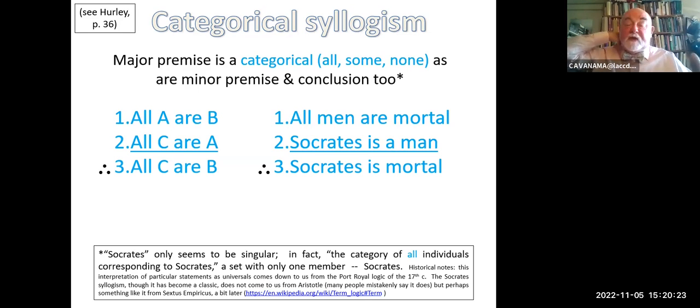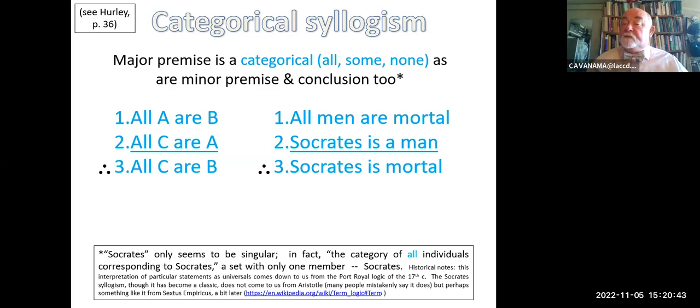Our typical Socrates syllogism: all men are mortal. Socrates is a man, therefore Socrates is mortal. Actually, is a categorical syllogism because it's not grammatical in English, but it's grammatical in English to say Socrates is a man. What we really mean logically is that all members of the category Socrates are members of the category man.